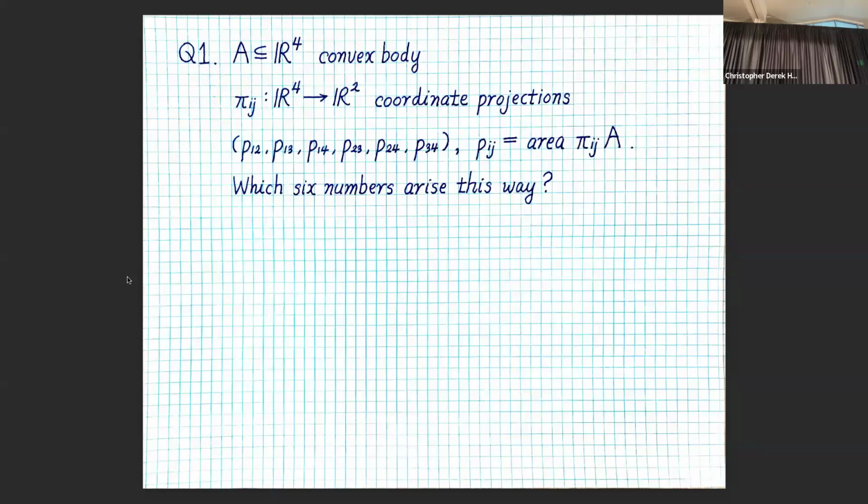And for each one of them, we look at the image of A. It defines a convex figure inside the plane, so we can measure the area of it. So in this way, we'll get 6 numbers, each one of them being the area of a convex planar figure. And the question is, which collection of 6 numbers arise this way?